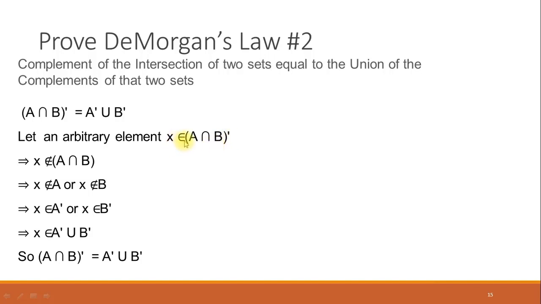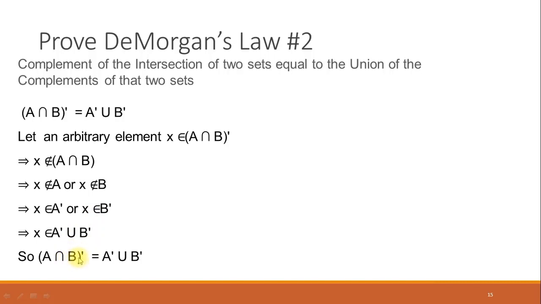Since X belongs to (A intersection B) whole complement, we can say that X does not belong to A intersection B. And when X does not belong to A intersection B, then X does not belong to A or X does not belong to B. Now since X does not belong to A, then X belongs to A complement, and X does not belong to B means X belongs to B complement. So X belongs to A complement union B complement.